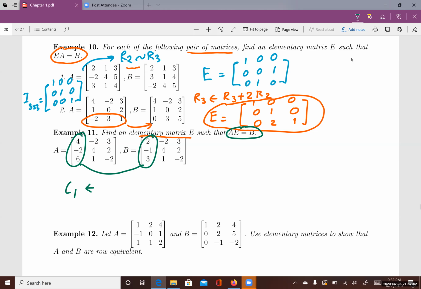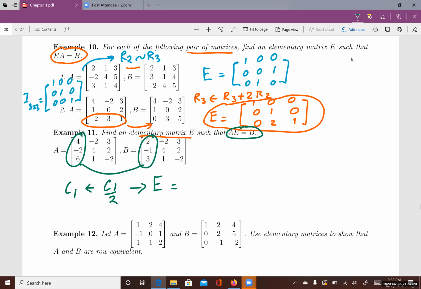How about column 1 divided by 2? Okay. So 4 divided by 2 is 2, negative 2 divided by 2 is negative 1, 6 divided by 2 is 3. So this operation works for all the entries. That means from this row operation, I can come up with the elementary matrix E, right?